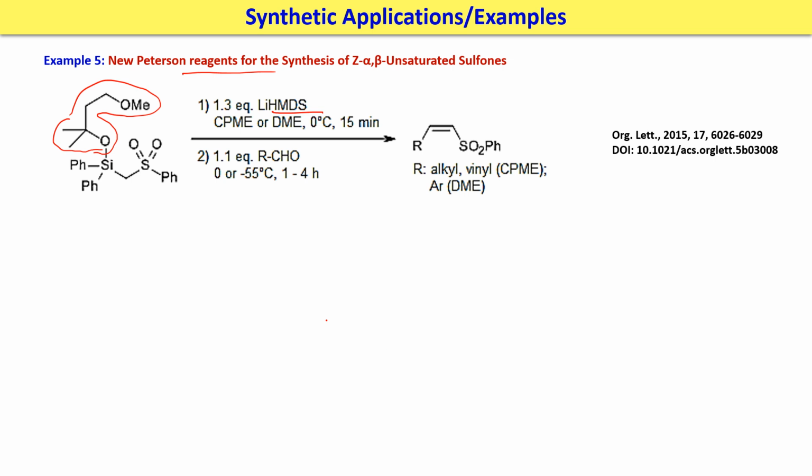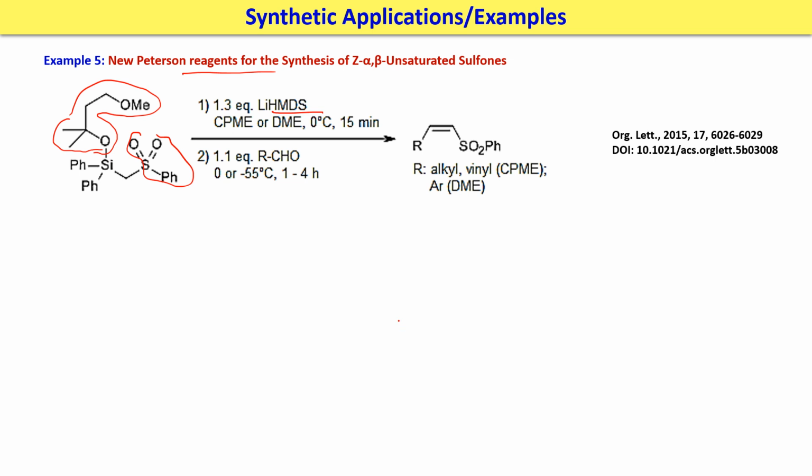So there is a group SO2Ph, and there is also a substituted Si. So in presence of base, there may be some confusion of whether it is Julia or Peterson, but actually here Peterson elimination is taking place.